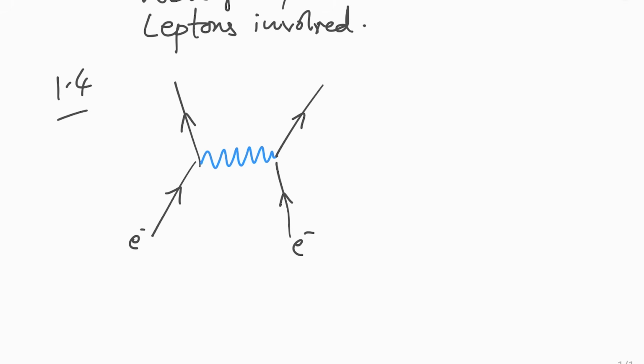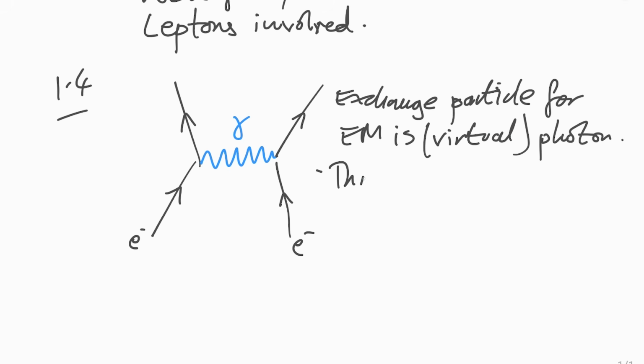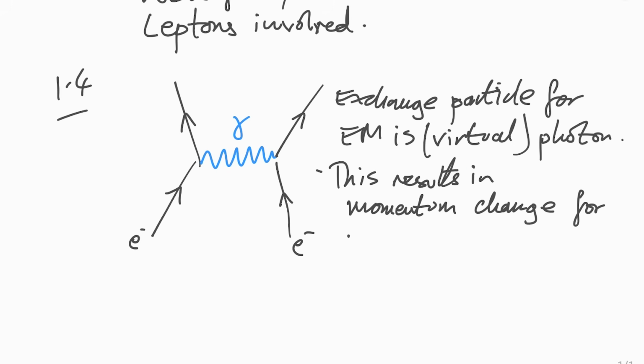Well, it's the gauge boson, the exchange particle, and that will be a virtual photon. We could just say exchange particle for EM, but I'm putting here that it is the virtual photon. This results in momentum change for both electrons, therefore paths change.